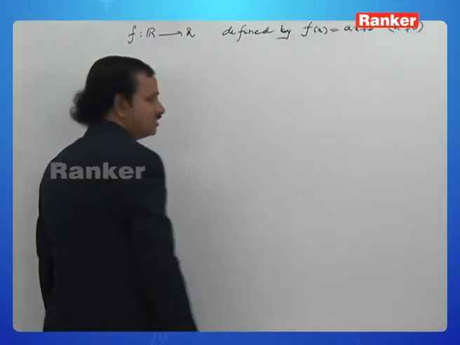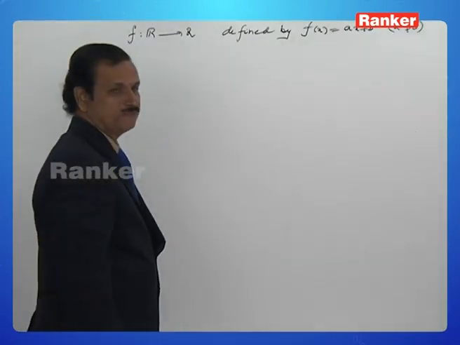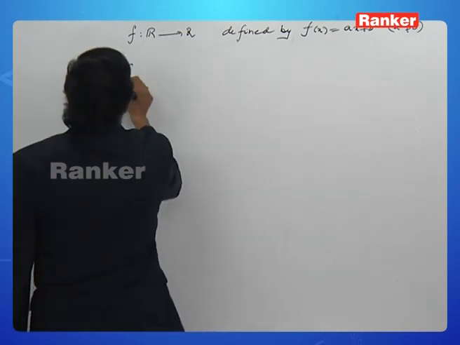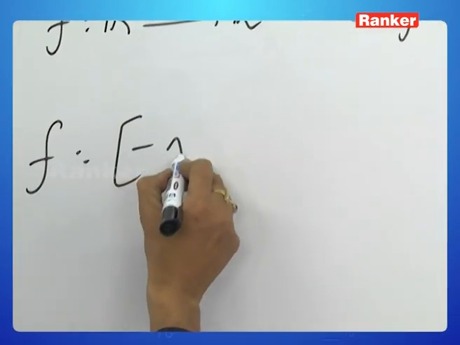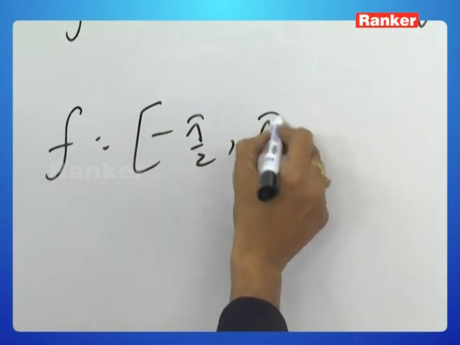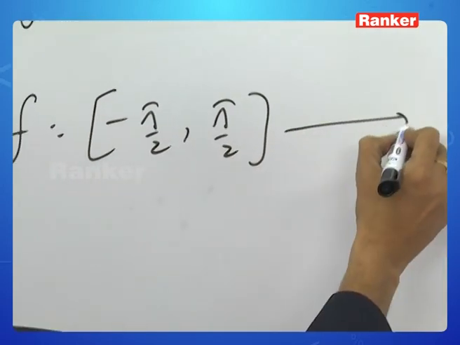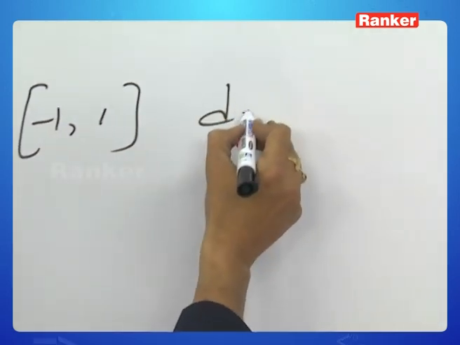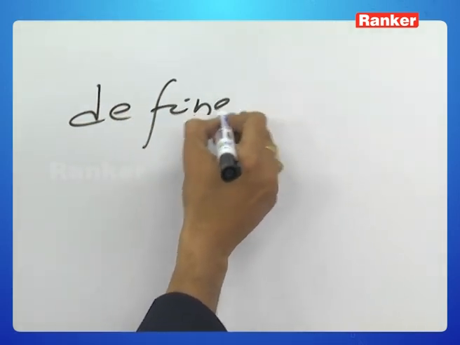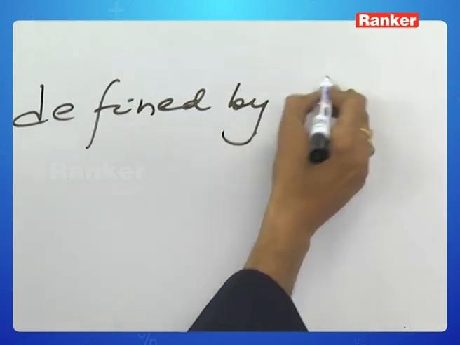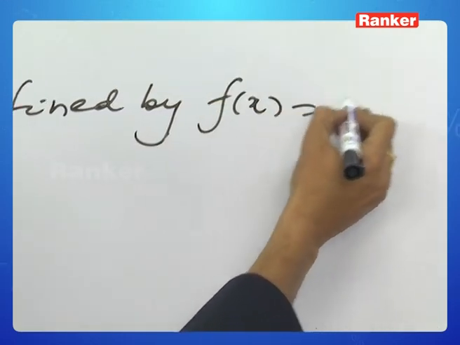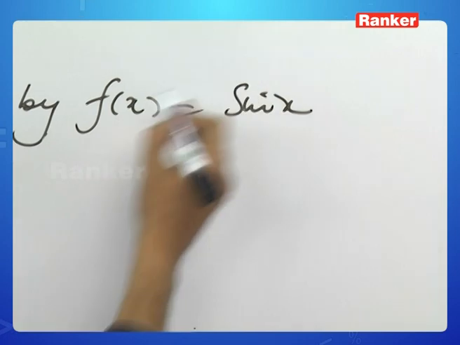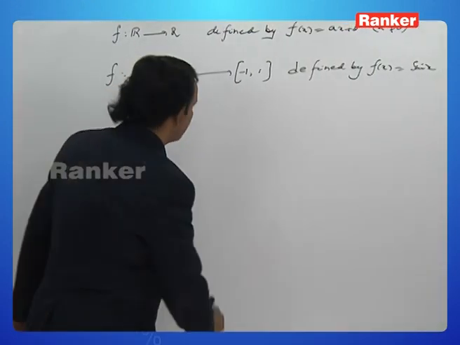No doubt it is a bijection. These are familiar examples. And then f from the closed interval -pi/2 to pi/2 to -1 to 1 defined by f(x) = sin x is a bijection.